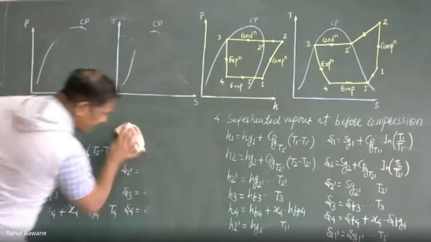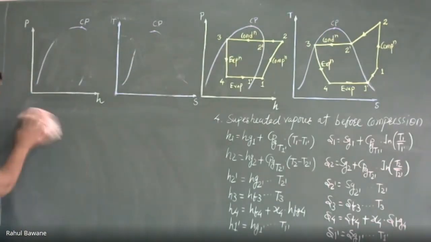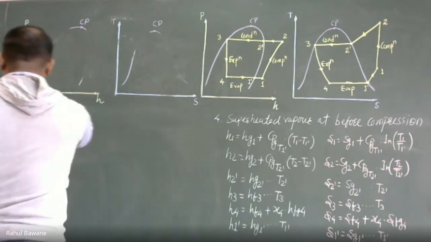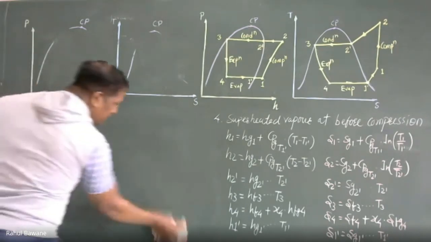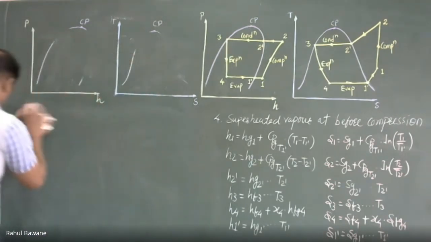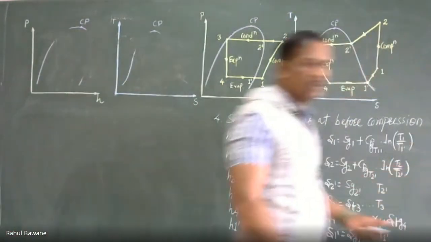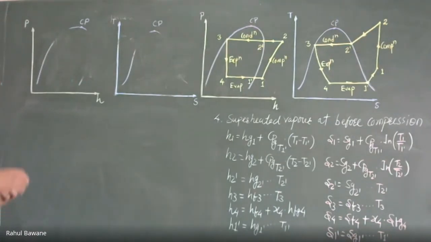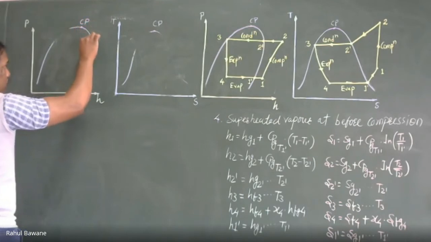In superheating, for entropy we added Cp ln of the ratio of temperatures, and for enthalpy we added Cp and the temperature rise, that is T2 minus T2 dash or T1 minus T1 dash. Now we will see what happens when we are talking about subcooling.